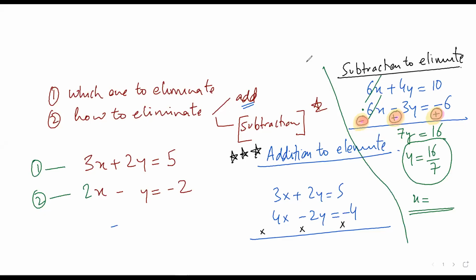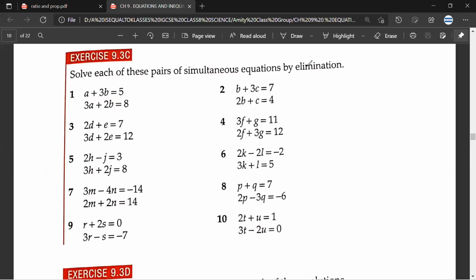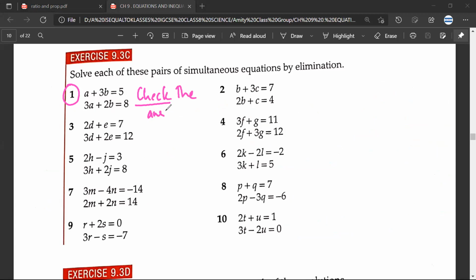What will you have to do? You'll have to solve all these equations. See, you'll have to take a bit longer process. Every equation that you solve, for example, if you have solved question number 1, you'll have to check the answer. Satya, any doubt? No, sir.